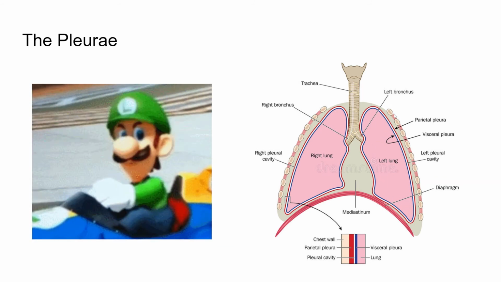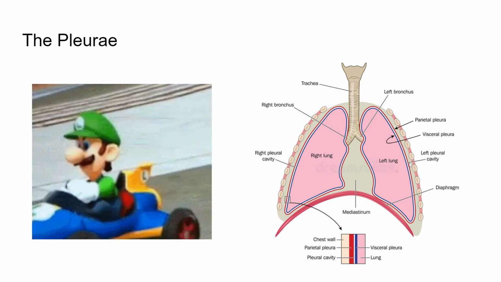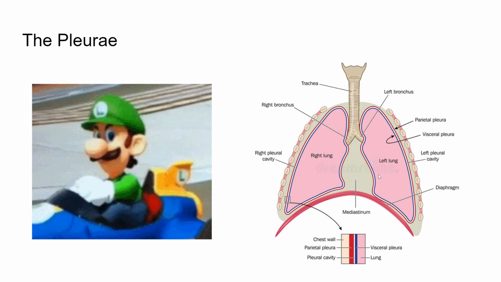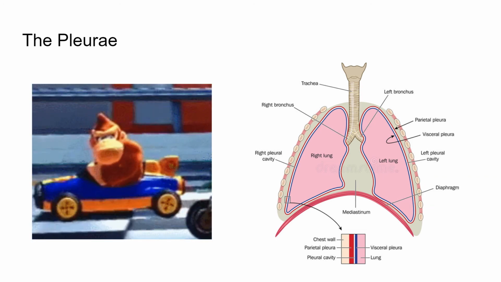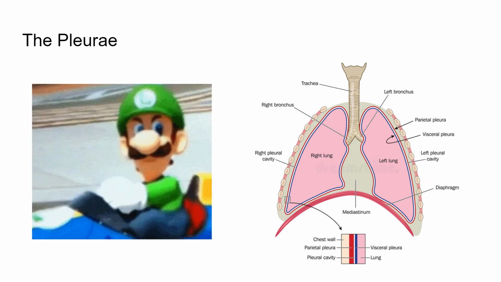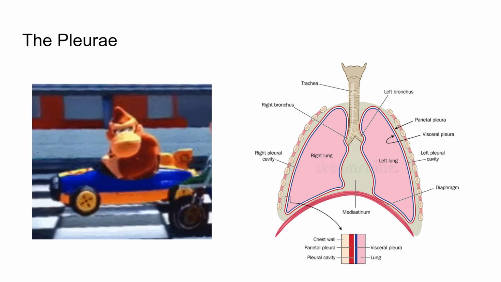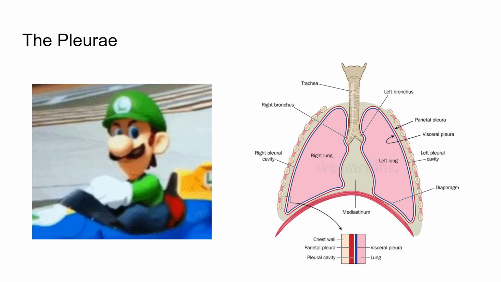And so the parietal pleura is contacting the ribs and the intercostals, whereas the visceral pleura is actually contacting the lung. And there's some fluid that exists between these two pleura that lubricates them and decreases the surface tension between them.